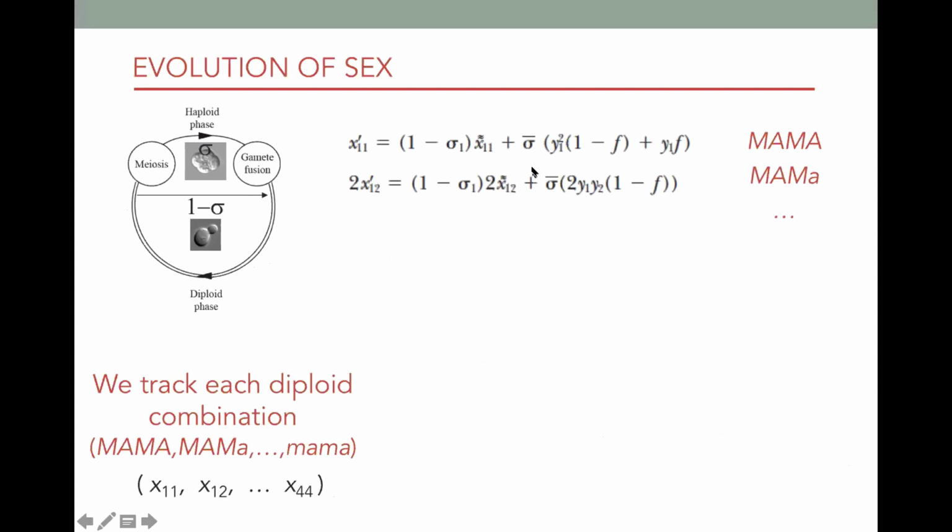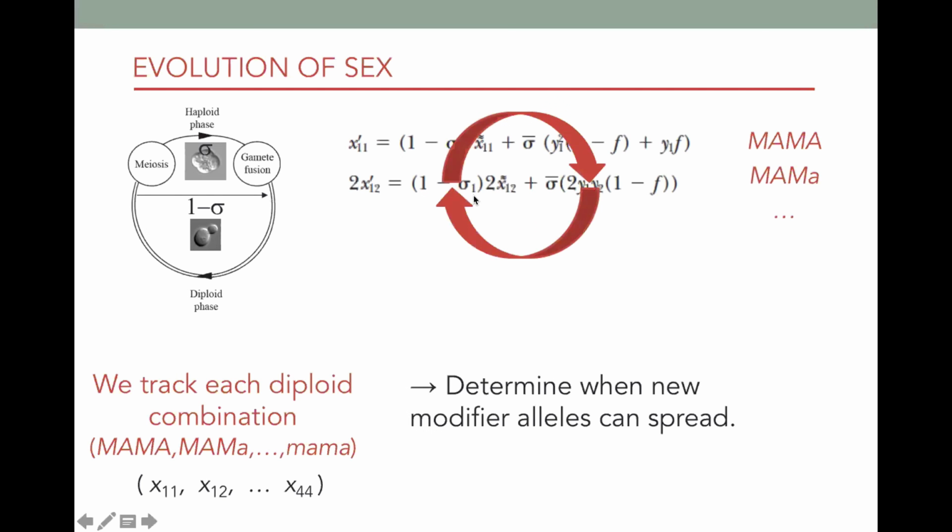And I've only shown 2 of the many equations that would be had for this model. But what we basically do is write down the equations that incorporate selection, meiosis, or mitotic replication, and then repeat those equations over and over and over again to determine when the new modifier alleles can spread.